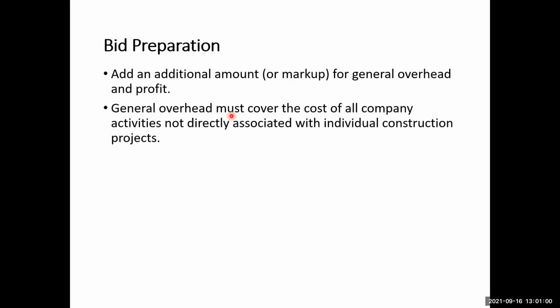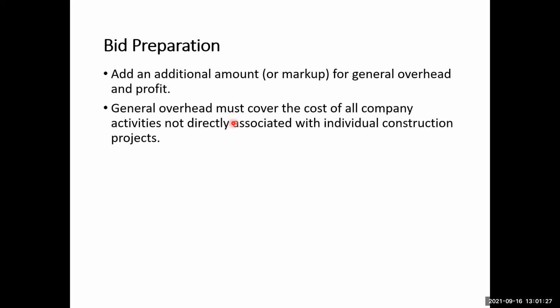On the other hand, there will be a project. There will be one project. There will be another project. So if we are talking about just one project, that one project will be handled by the head office, which is handling several projects as well. So some portion of the head office expenses will also be apportioned to the project.